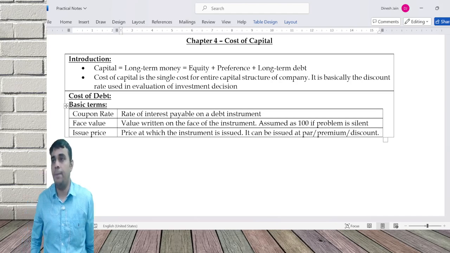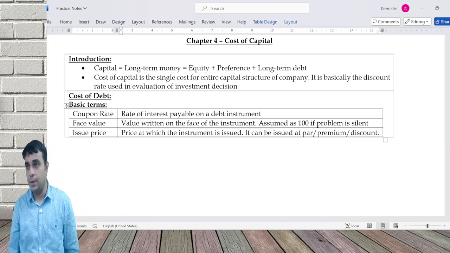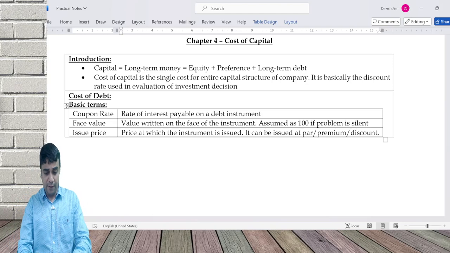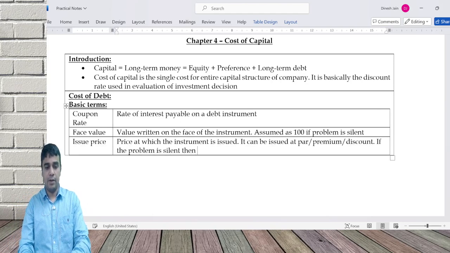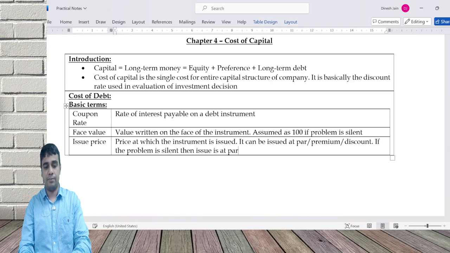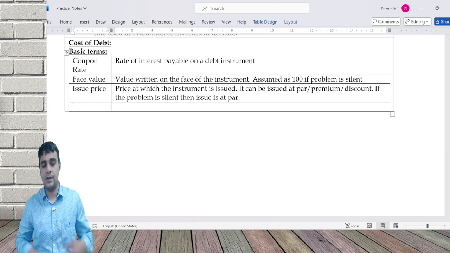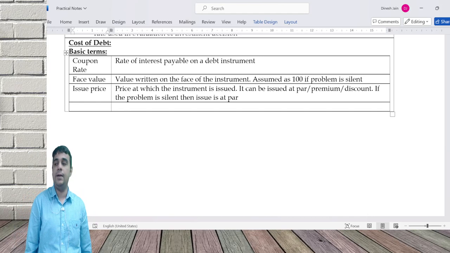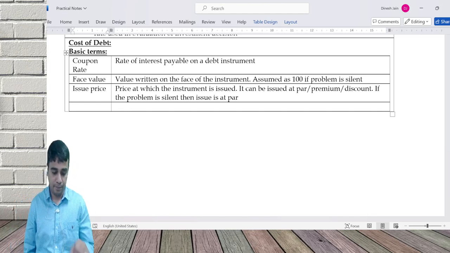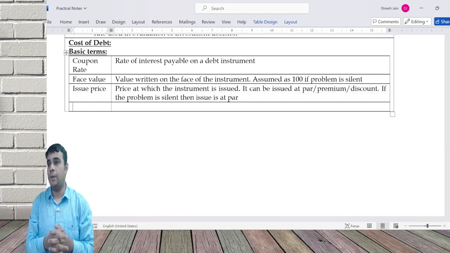You can issue a debenture at par value, premium or discount value. Full stop. If the problem is silent, then it issues at par. Be very clear on these terms because they'll make a lot of difference when I solve it. It will have a lot of implication later on.